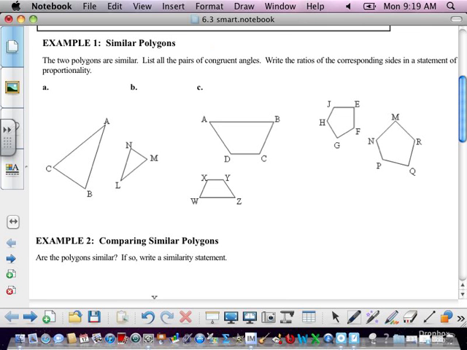Okay, letter A, what angles are congruent? What is congruent to angle A? Angle L. What is congruent to angle B? Angle M. What is congruent to angle C then? Angle N. Okay, now we have to set up our ratio.